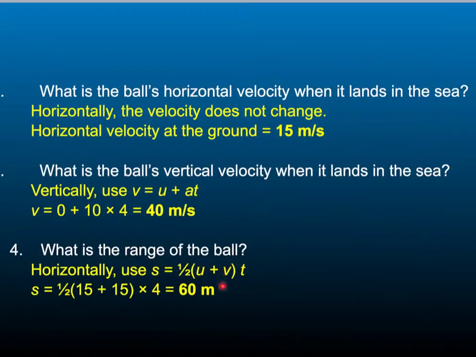We also have V, which is 15, because as the ball is travelling, its velocity does not change horizontally. And then we've also got the time, which is 4. So if we put those into the equation, S equals half U plus V times T, then we can see that the range of the ball is 60 metres, or the ball has travelled 60 metres from the bottom of the cliff when it hits the water.